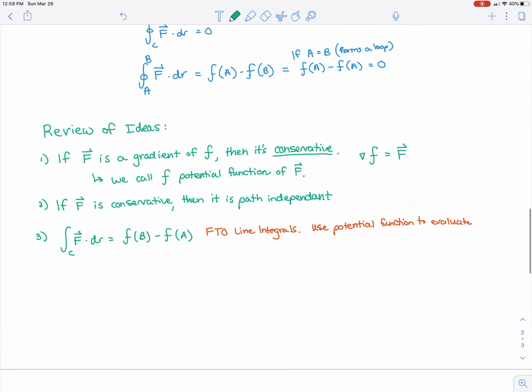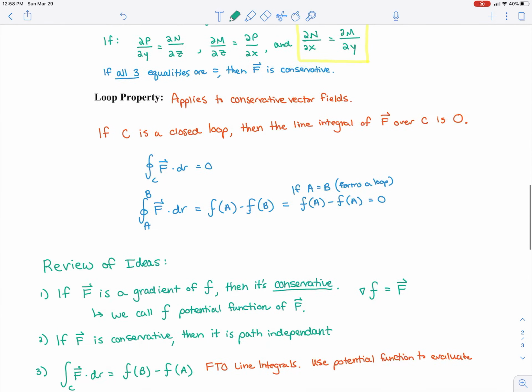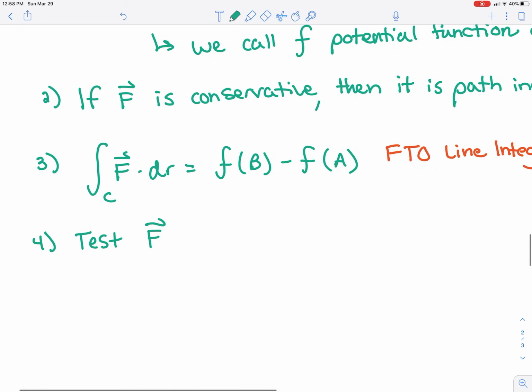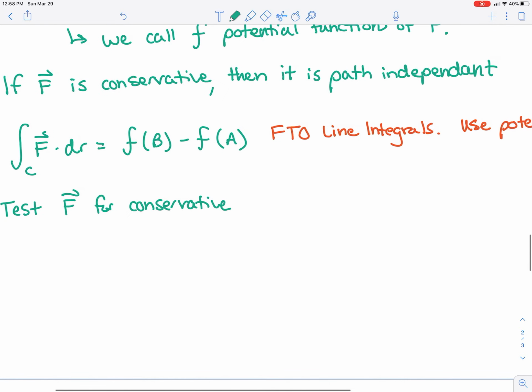Then we discussed the test. We can test f for conservative using that component test.